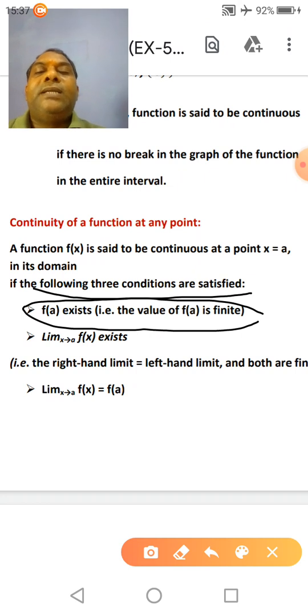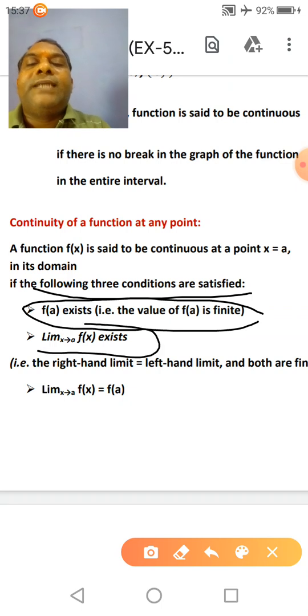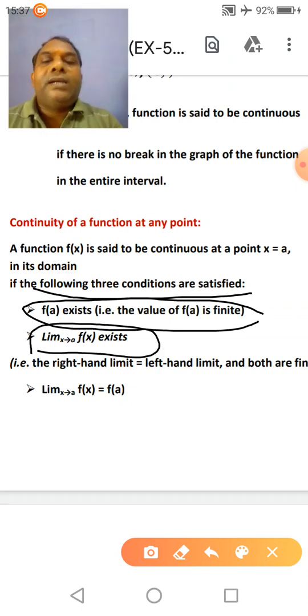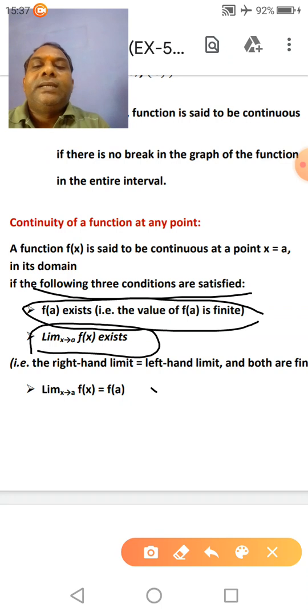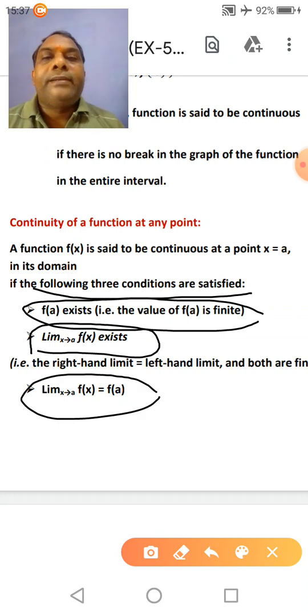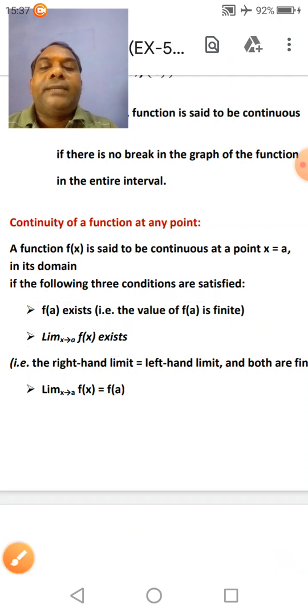Second condition, limit x tends to a f(x) exists. And third condition, limit x tends to a f(x) is equal to f(a). It means if limit x tends to a f(x) is equal to f(a), the functional value, then the function will be continuous at x is equal to a.